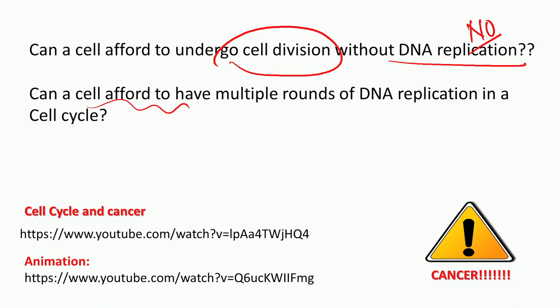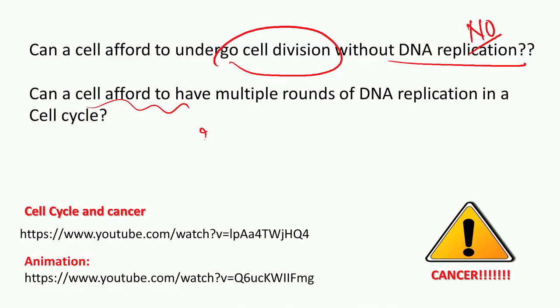Similarly, you will find that a cell cannot afford to undergo multiple DNA replications and then divide. Then what will happen? If we are starting with 23 pairs of chromosomes, right? You are duplicating it. So, you end up having 46 pairs right before the cell division, and then each daughter cell again ends up getting 23 pairs.